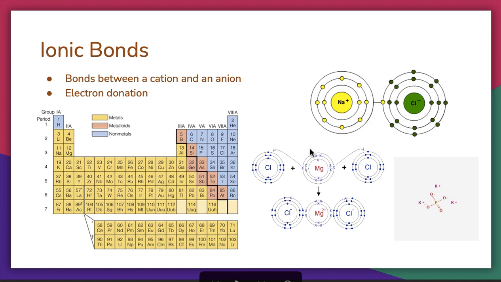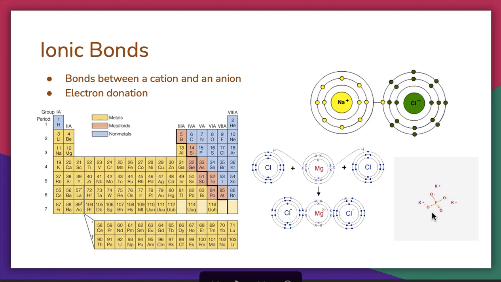So it bonds with 2 chlorine atoms and gives each of them one electron, so that the outermost shell of both of the chlorines and the outermost shell of the magnesium are completely filled. And again, this one is positively charged and these are negatively charged.